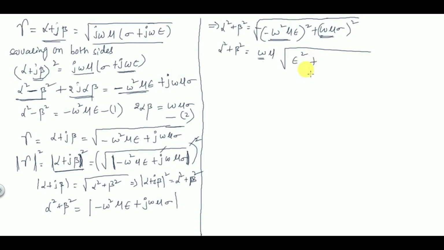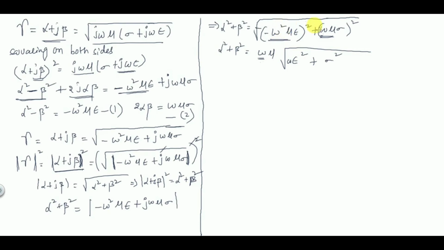Plus, what is this value? Omega outside, mu also outside, so you will be left with sigma square only. Here one omega is taken common, so there will be another omega.